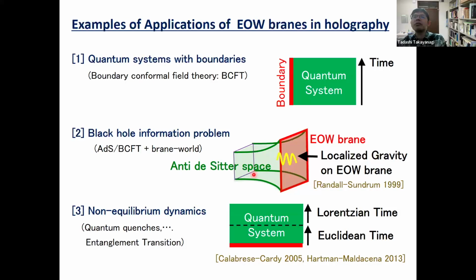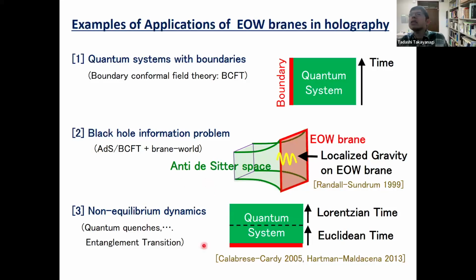That means this AdS spacetime is dual to some conformal field theory coupled to gravity, so it is dual to some quantum gravity. This is the famous Randall-Sundrum brane world setup. Then we can discuss gravitational physics, quantum gravity physics, using a classical gravity dual. That actually gives a nice understanding of the black hole information problem. I will explain this quickly later.